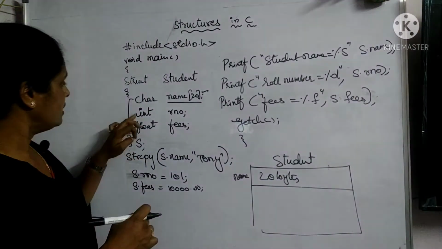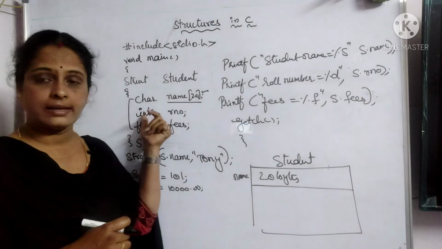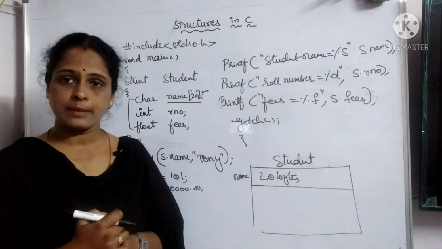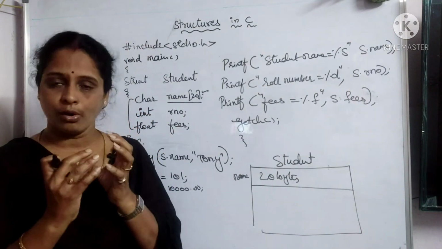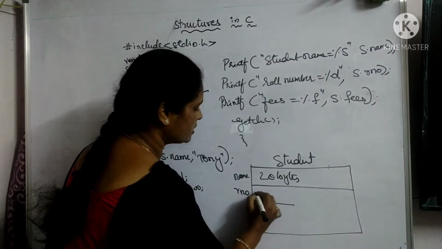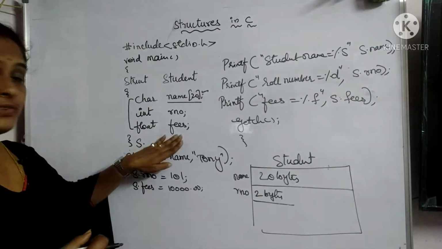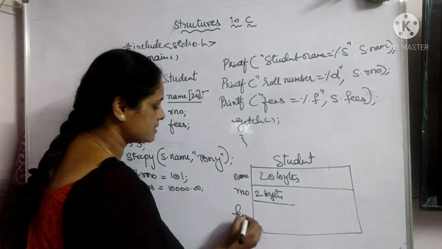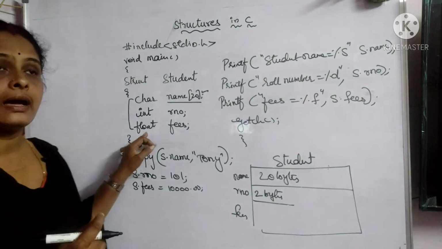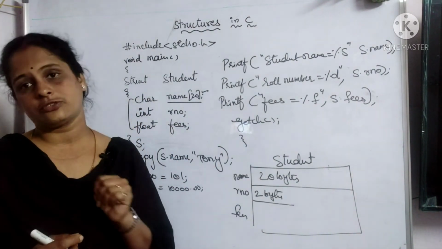In the same way, roll number is integer type of data. As we all know, integer type of data occupies 2 bytes of memory. So roll number holds 2 bytes of memory. In the same way we have fees here. Fees is floating point type of data, and we know that floating point data holds 4 bytes of memory.